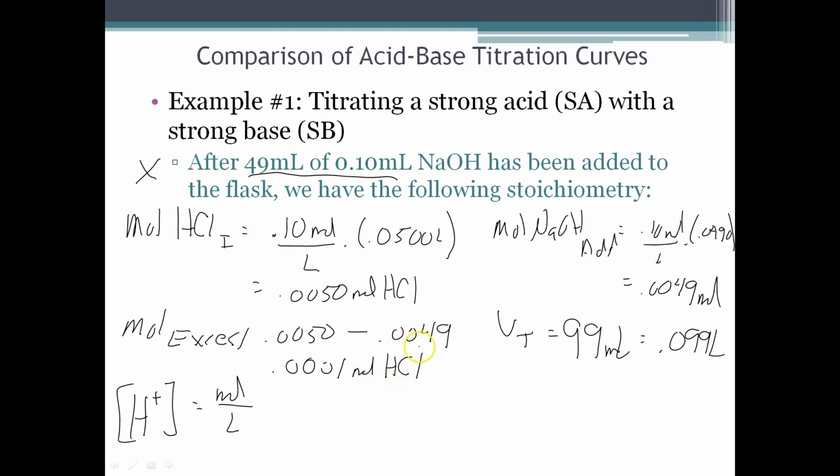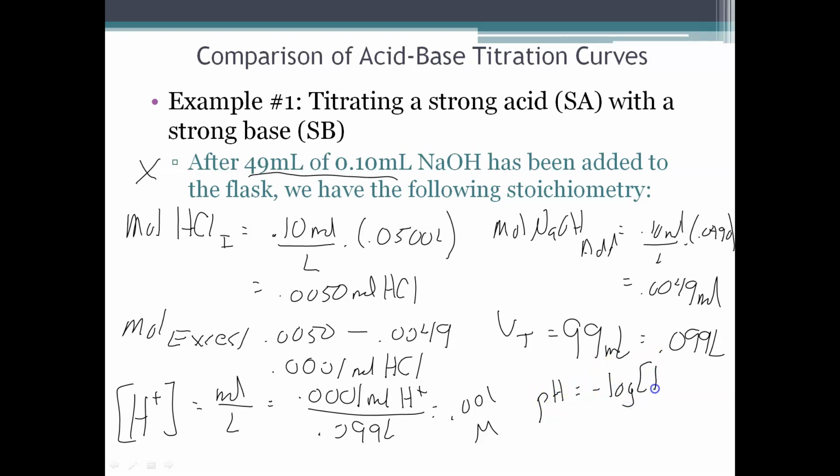Remember, HCl still completely dissociates, so if I have 0.0001 moles of HCl, that's how many moles of hydrogen I have. 0.0001 moles of H plus over my volume of solution, which is 0.099 liters, gives me a hydrogen concentration of 0.001 molar. My pH then is negative log of that, right? So negative log of 0.001 equals 3.